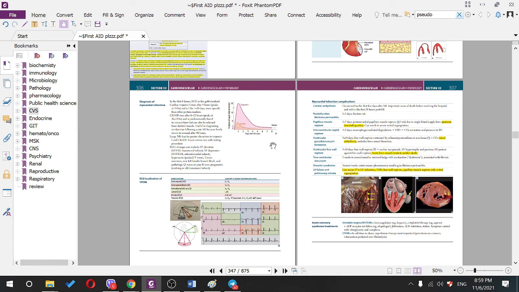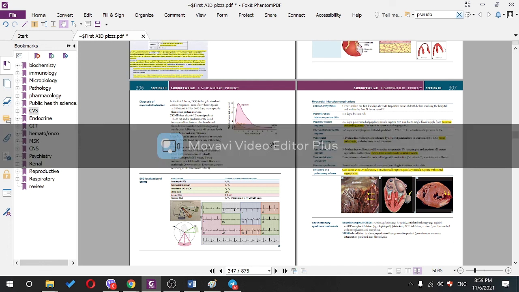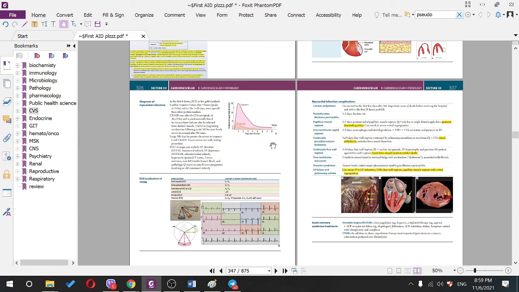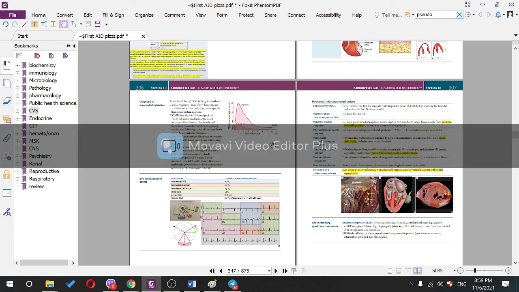If the blood pressure is significantly low, that means he has right heart failure. If it's normal or high, it's left heart myocardial infarction. Give him the statin. So low blood pressure, do not give him the statin. High blood pressure, oh, what statin? Sorry, nitroglycerin. Low blood pressure, do not give the nitroglycerin. High blood pressure, give the nitroglycerin.